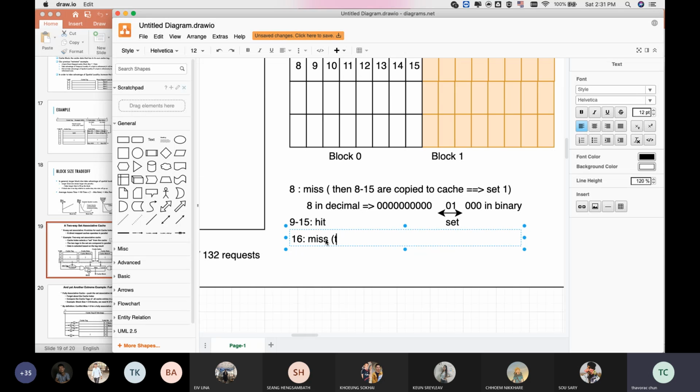So we do the same thing. We copy here from address 16 to address 23. 23. Okay.